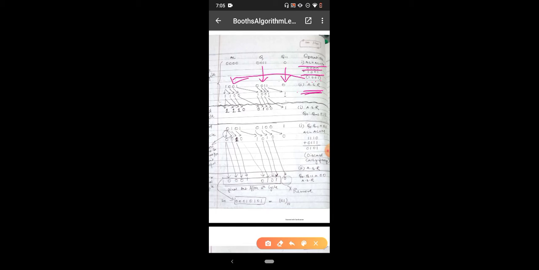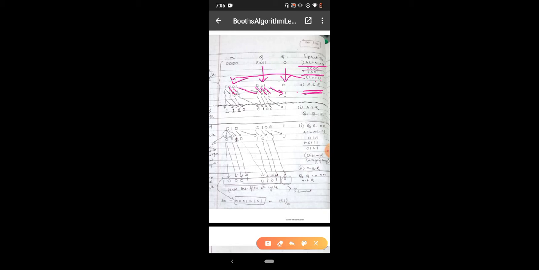Now the rightmost bit will shift to the Q minus 1 value. This one will shift over here, this one over here, this one over here, and the bit of AC will shift over here. So all the bits will shift in this way. I am showing with arrows so that you don't get confused.